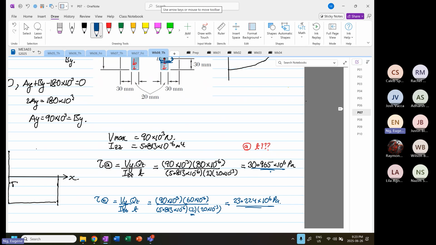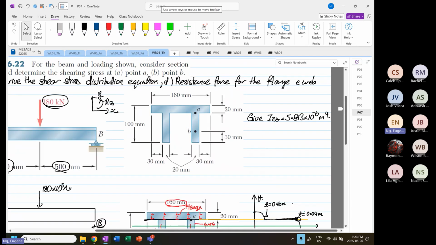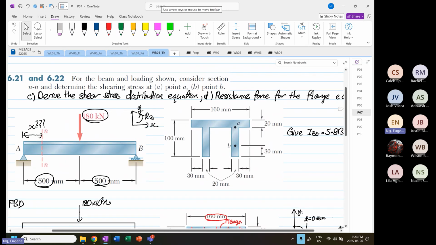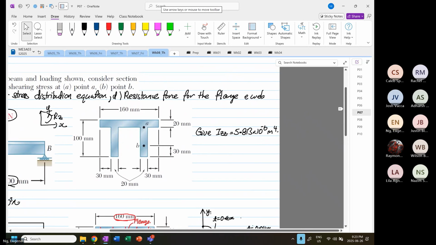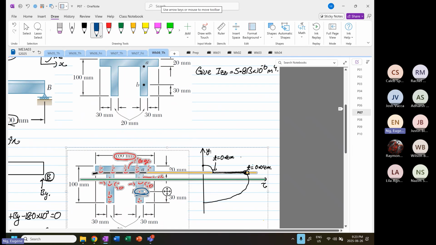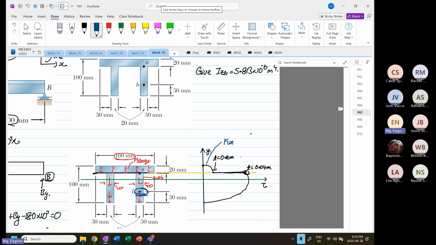Now, the next part, which I've done as an add-on, is we are going to derive the shear stress distribution equation, i.e., we are going to derive the function of this curve, and we are also going to derive the function of this curve.